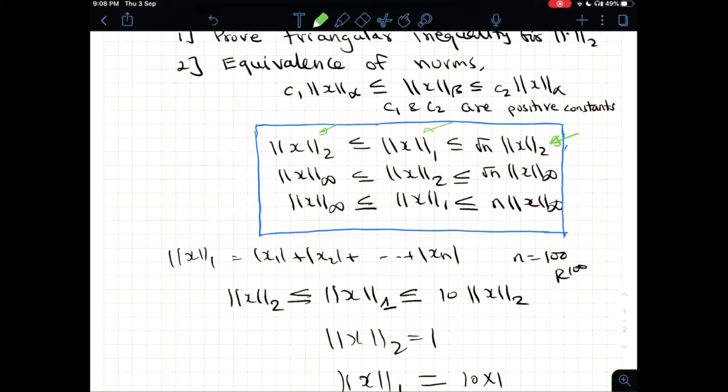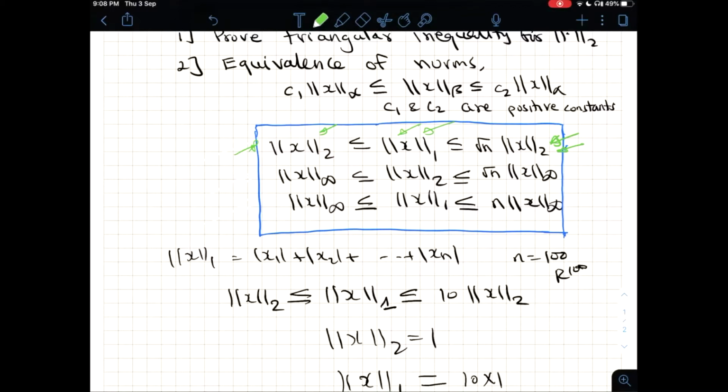So it also means that in the first norm this vector is growing. Conversely, if a vector is shrinking in the second norm, then the upper bound also reduces and the lower bound also reduces, so in the first norm also the vector will reduce. This is the subjective equivalence being mentioned here.